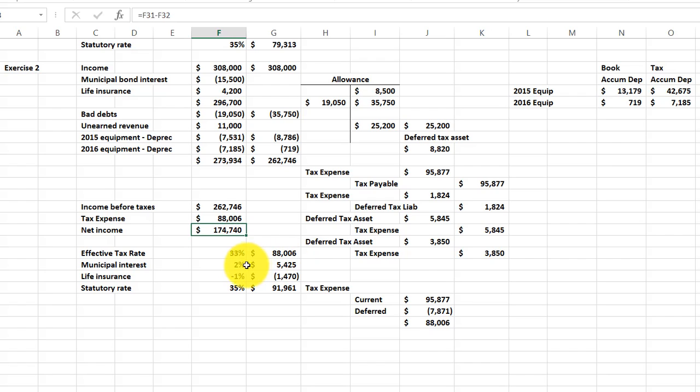You've got the municipal interest going one way, you've got the life insurance going the other way, to get up to 35%, which is what our tax expense would be if we were actually recording it at the statutory rate. So because of these permanent differences, we saved about $4,000 between what we paid and what the effective rate was. So that's the way to do it if you have the information side by side in that regard.